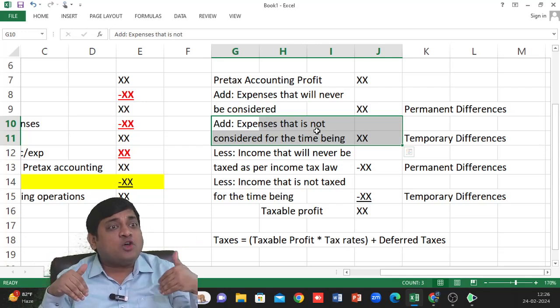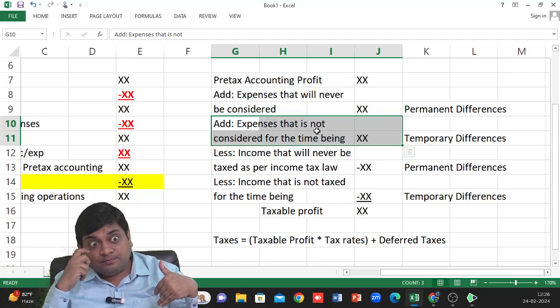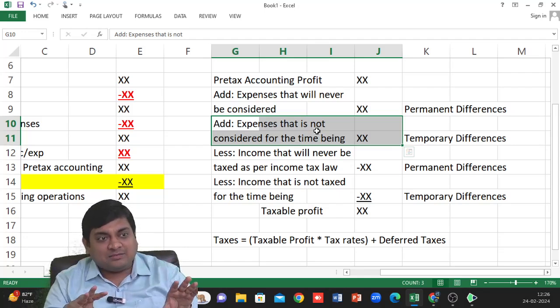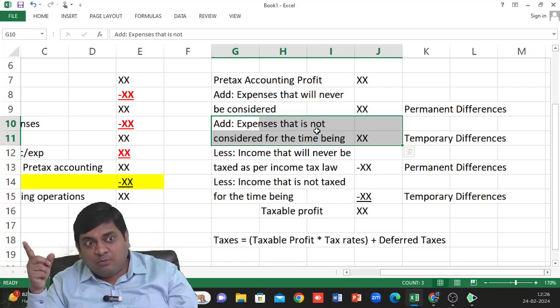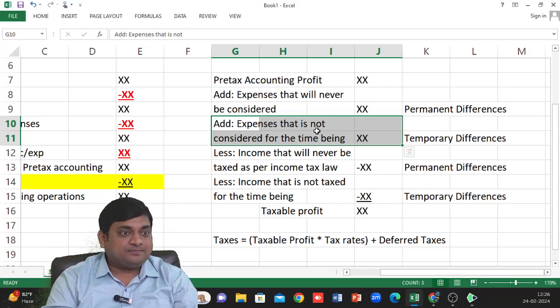So for income which is not taxed today, what will happen? My taxable profit is low. So currently I am paying low tax, but in future I have to pay more tax. So I will create deferred tax liability. So I will increase it.